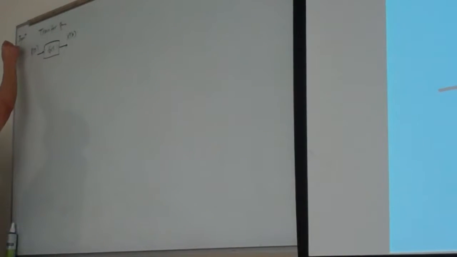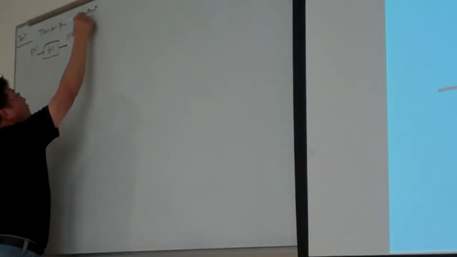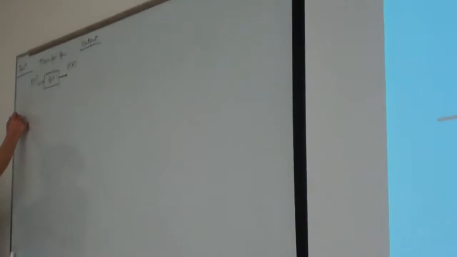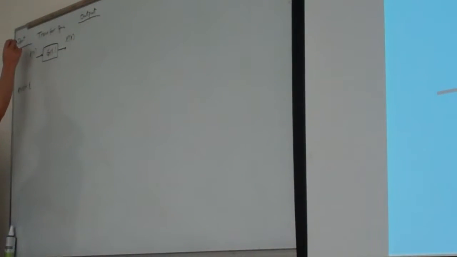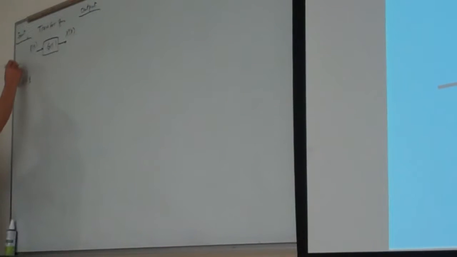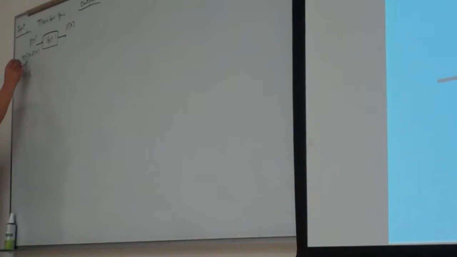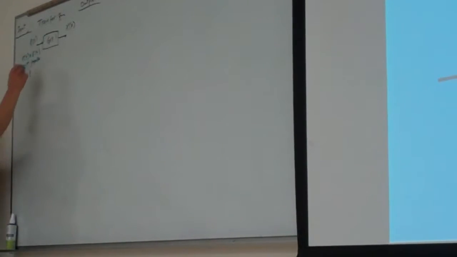Transfer function, input, and output. Okay, so here for our input, for example, R(s) equal to 1, which means the input r(t) is the unit impulse signal.